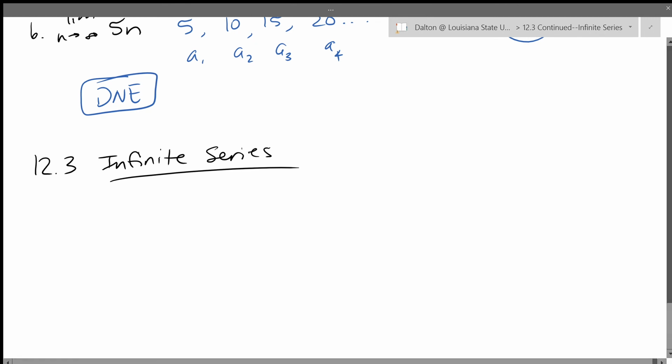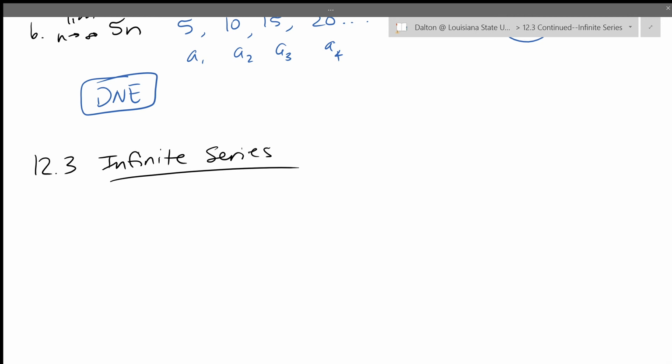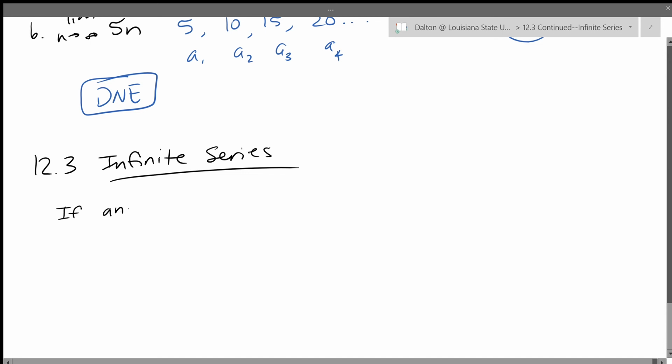Now, here's the deal. You cannot add things that go on forever and ever, in some cases. And basically, there are two scenarios. If an infinite series has a sum or a limit, the series is convergent.